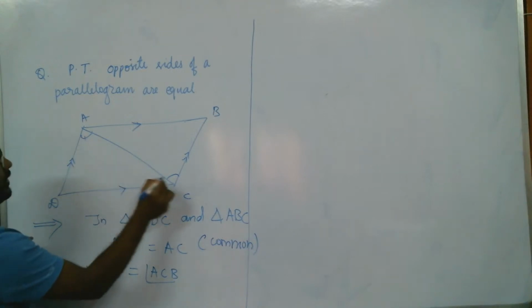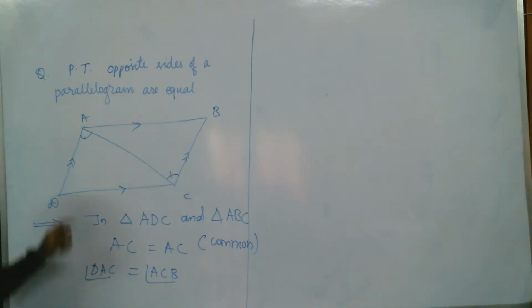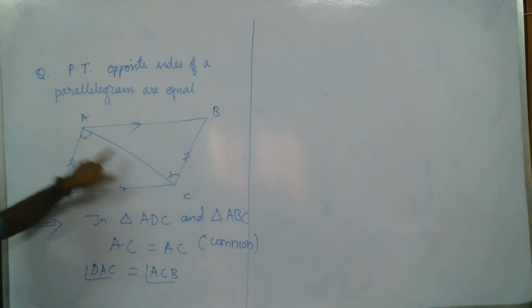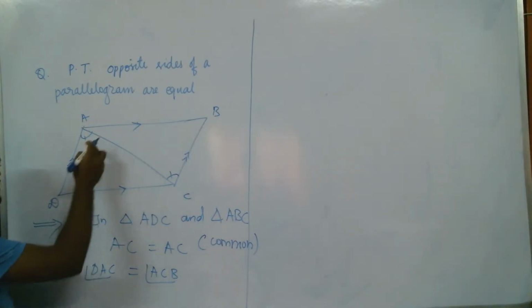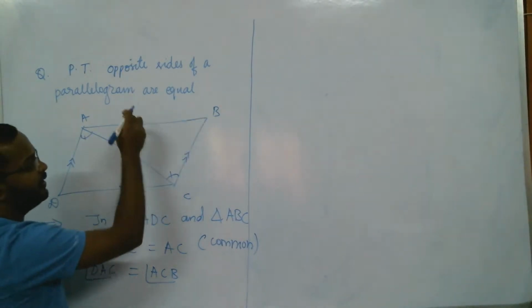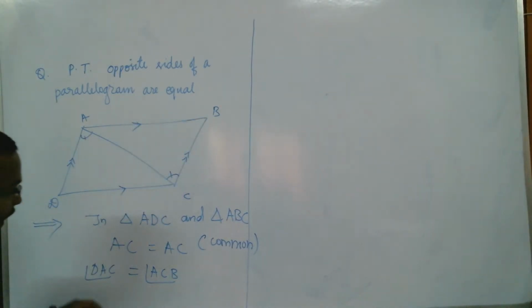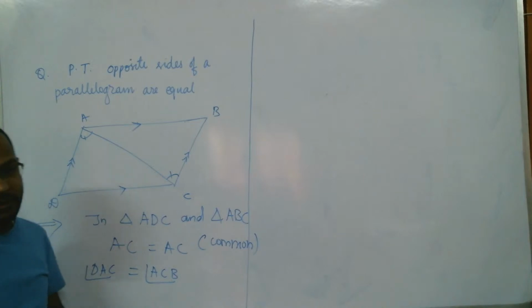This angle and this angle are equal. DAC is there in this triangle and ACB is there in this triangle. So now I have written these two angles as equal.